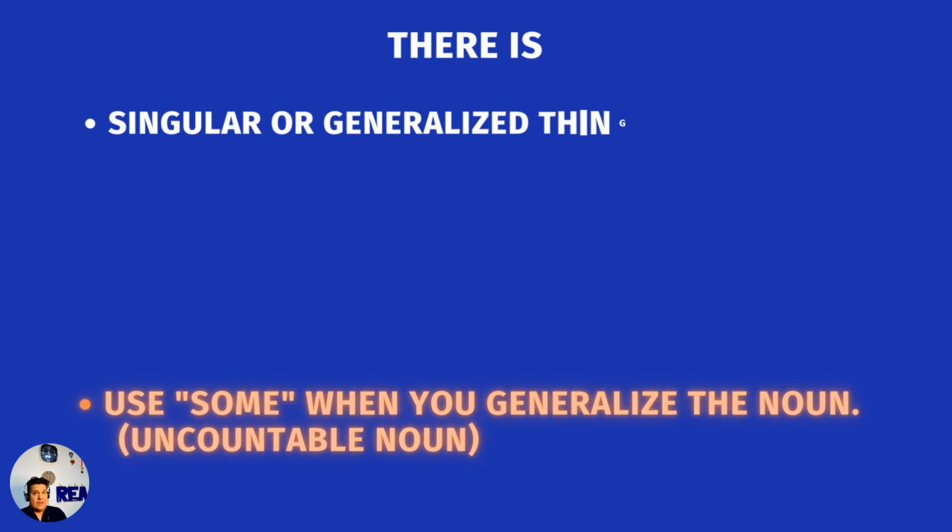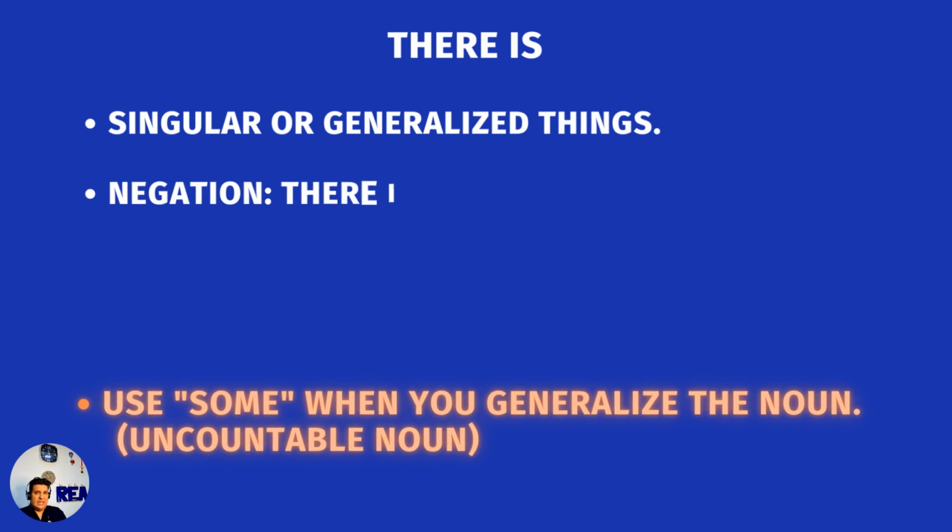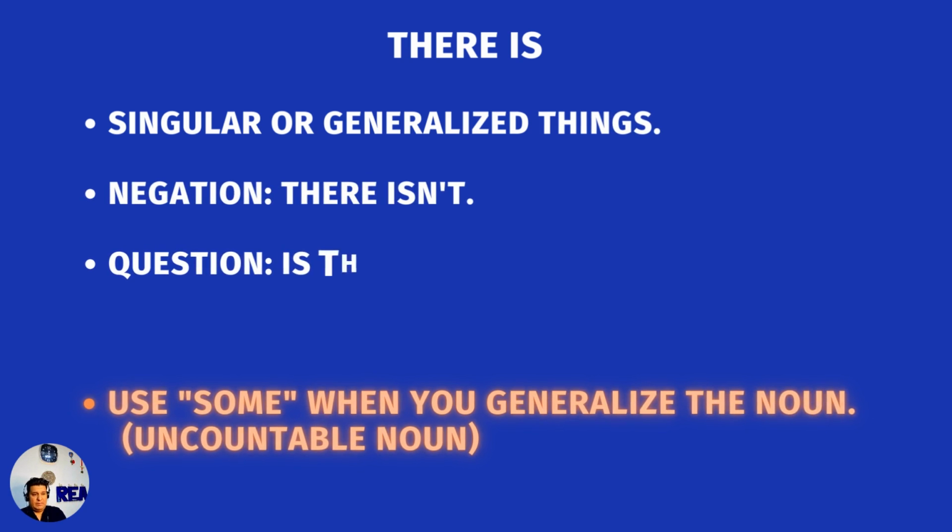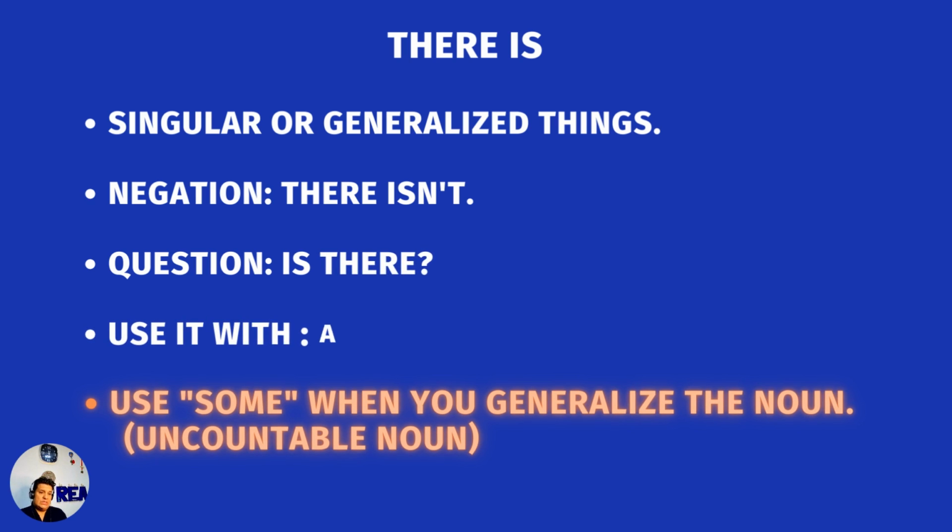Now, there is and there are. I'm going to explain these separately, and afterwards I will give the examples. So there is, we use it for singular or generalized things. For negation, we use there isn't or there is not. Sometimes you can use there is no. For example, when you talk about things that are uncountable, like time, space, there's no time, there's no space, there's no money.